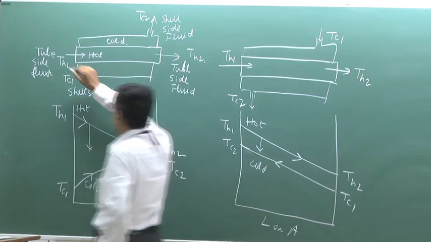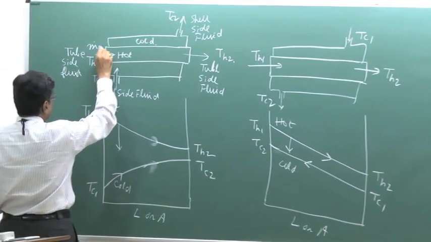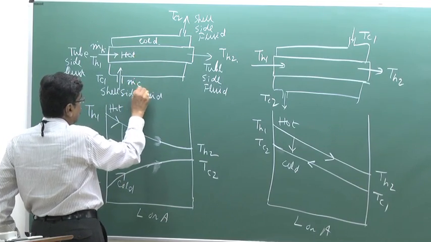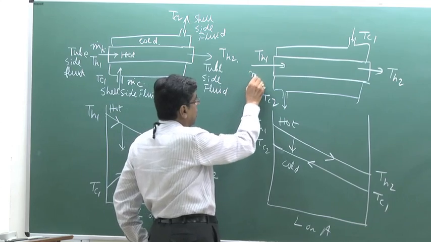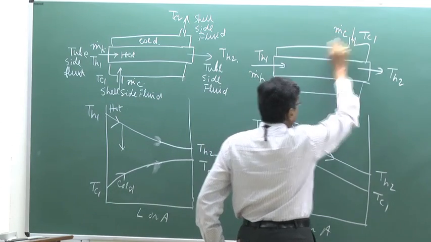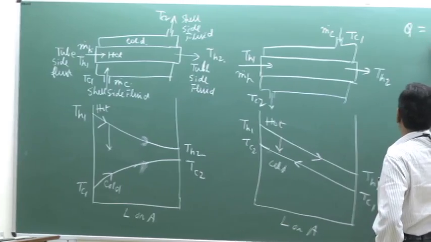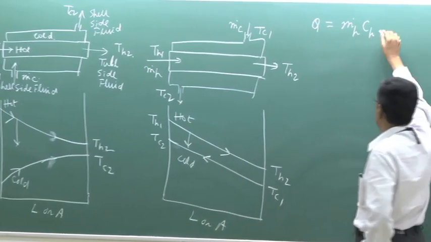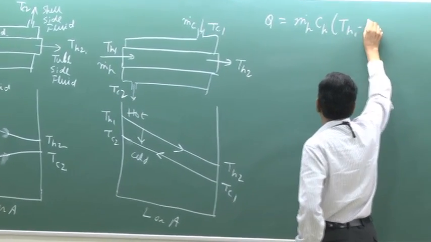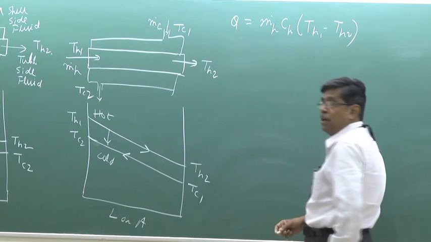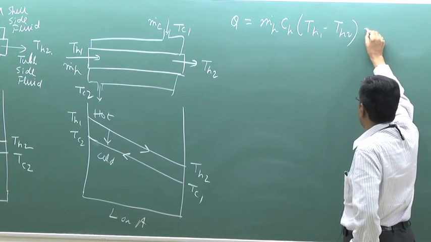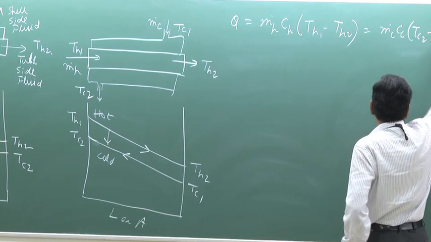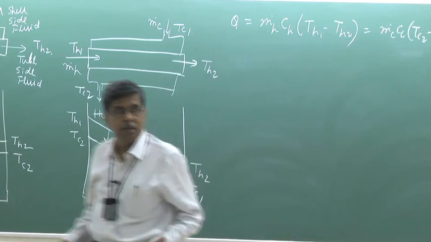If I consider m dot H as the mass flow rate of the hot fluid and m dot C as the mass flow rate of the cold fluid, and C stands for the specific heat at constant pressure, then the total heat transferred between the hot and cold is m dot H C_H (TH1 minus TH2), which is the heat given by the hot fluid, equal to m dot C C_C (TC2 minus TC1). Now this is the first line of energy balance.